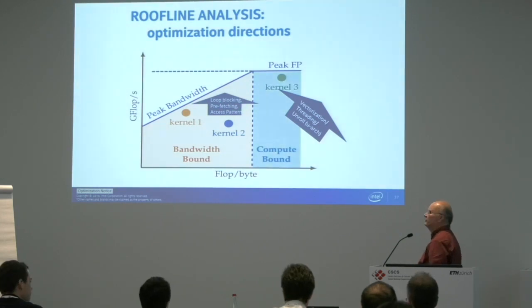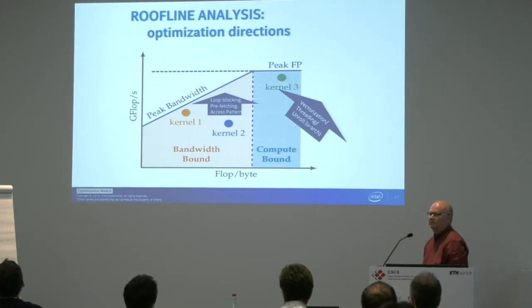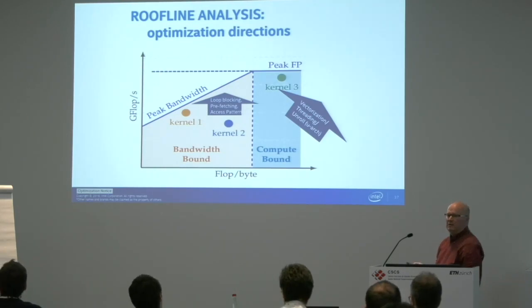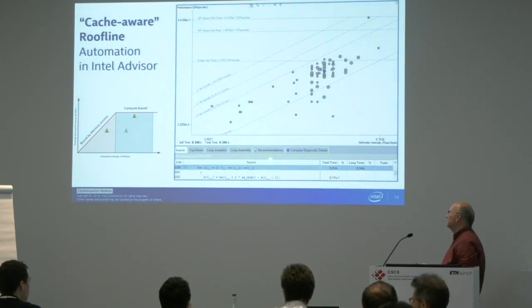I learned that prefetching can be very valuable on KNL, so you should consider using prefetching for your code if you're memory bound. Yeah, it's automated here in Advisor. You can click on each loop in this diagram, and then you can go to the source, the assembly, and get the recommendations and so on for the loop of interest.